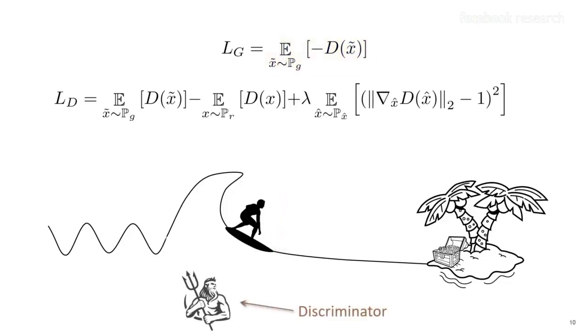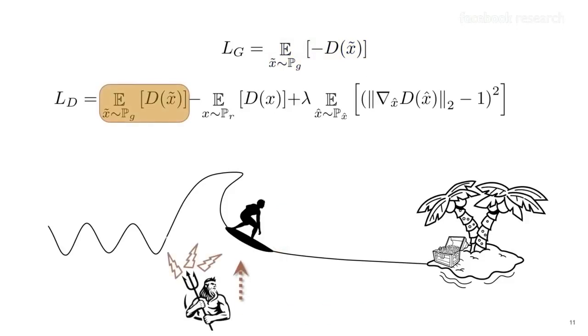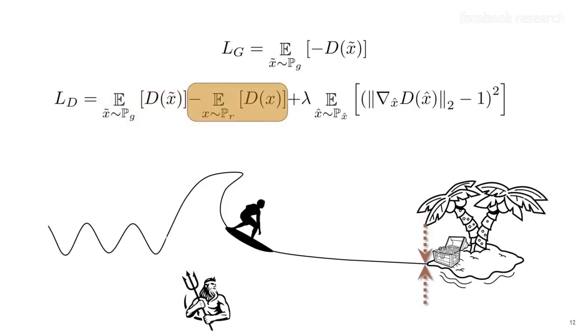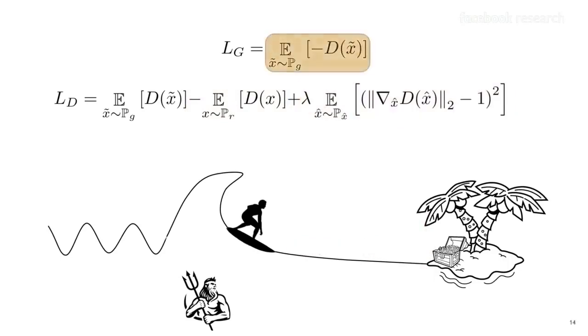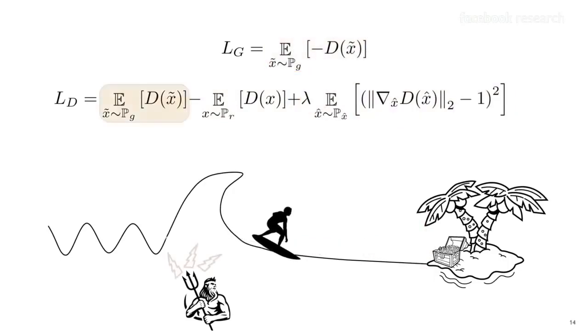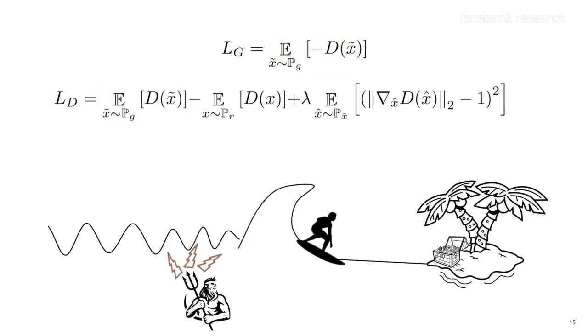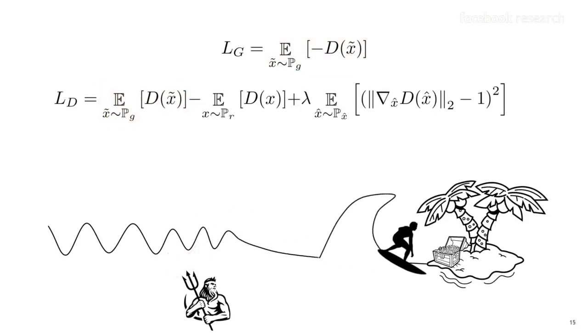But then we have this adversary who is raising waves wherever the surfer is. However, they cannot raise waves on the shore, and the waters have to be calm in between. So what is happening is that the surfer is sliding down, the wave keeps following them, and so they'll be able to ride it toward the shore.